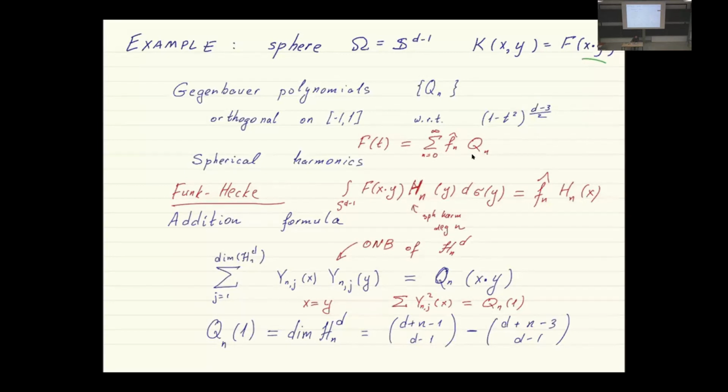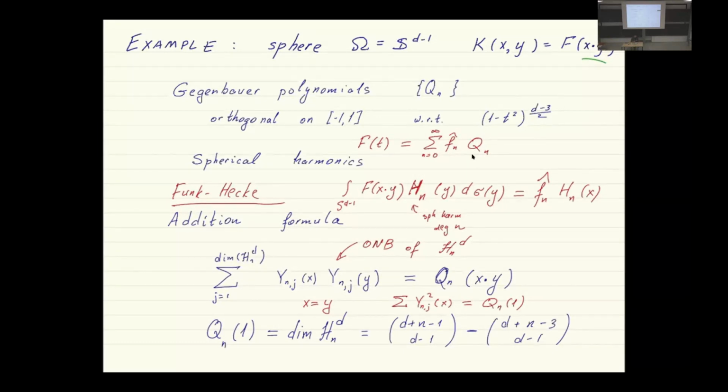And now if you integrate this, since this was an orthonormal basis, you will just pick up the dimension, because each term will give you one once you integrate. This explains our normalization: at the point t equal to 1, the Gegenbauer polynomial gives you exactly the dimension of the space of spherical harmonics, and it's known how to compute this dimension. Okay.